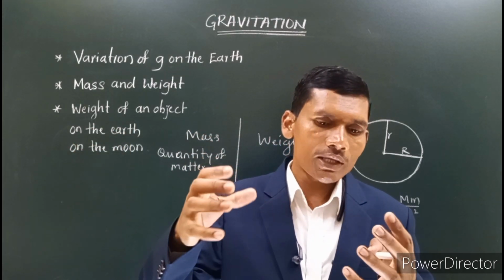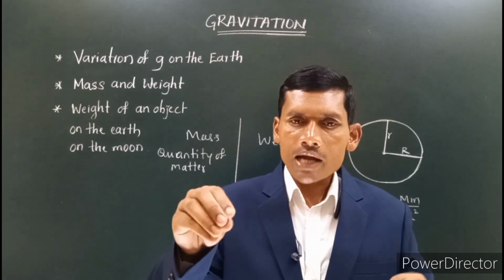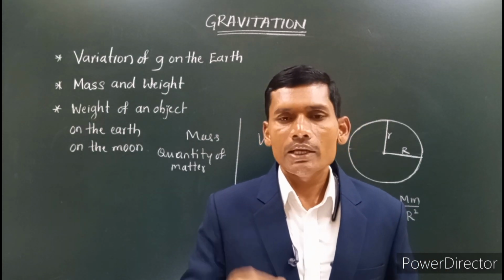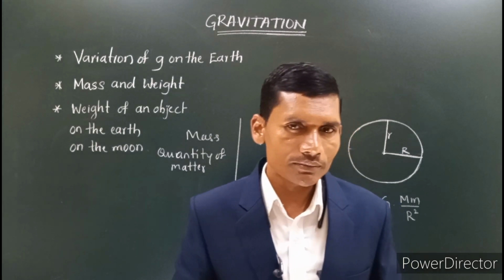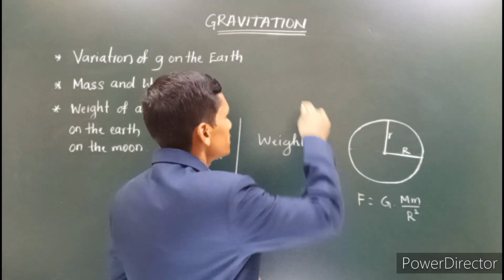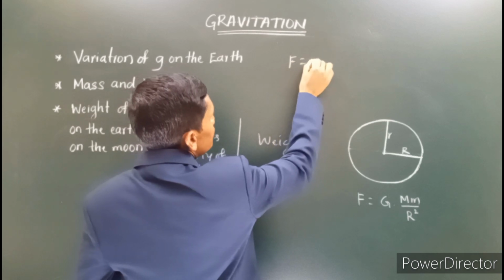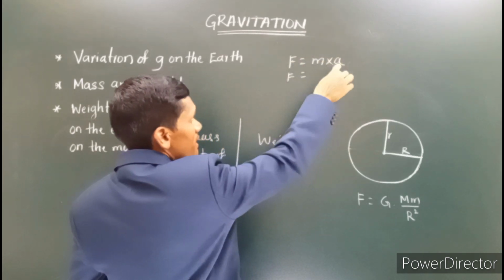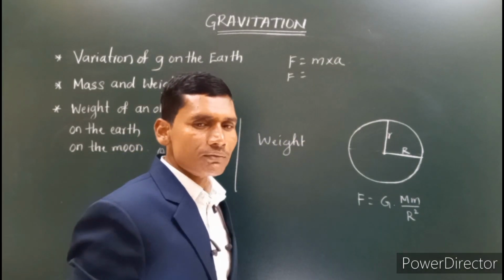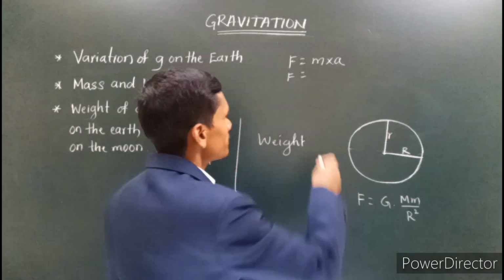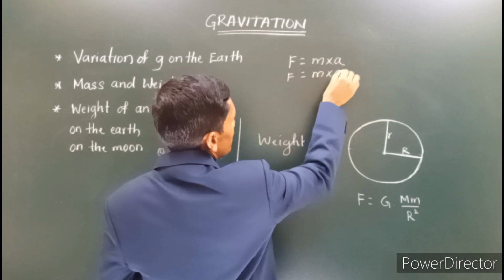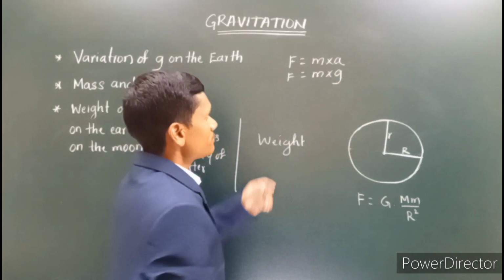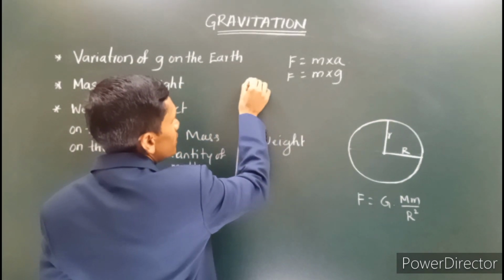With that force it is pulling us towards itself, right? That force we measure in terms of weight. Then weight is nothing but the gravitational force of attraction. And force is measured as F is equal to mass into acceleration, as you know. But here, since the acceleration is given by gravity itself, it changes to mass into acceleration due to gravity. Because of that we are getting weight.